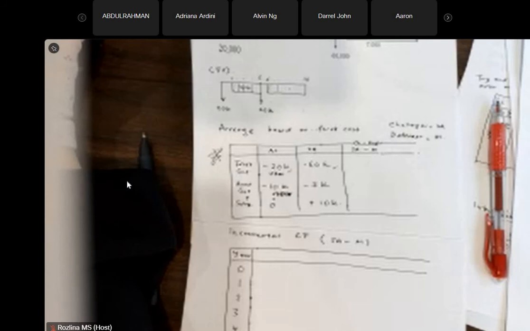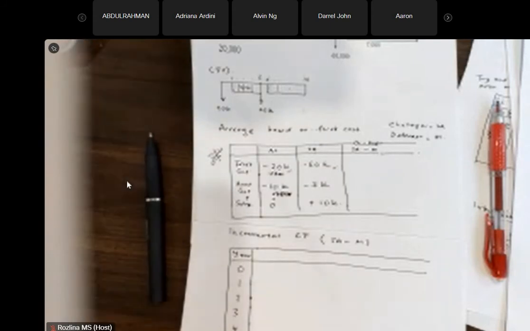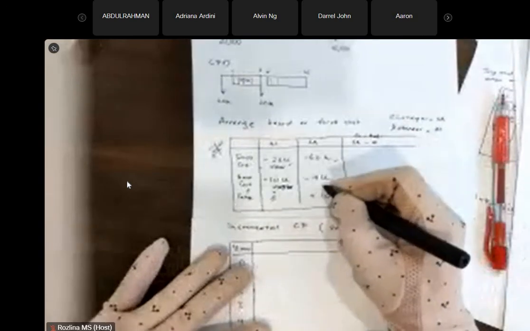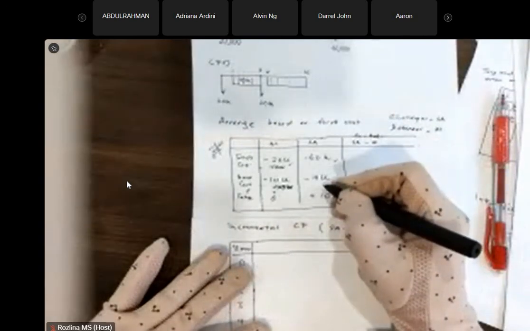Cost difference. Ini datang. Satu lagi ni. Year 5. Year 5. Oh, betul lah. Yang ni dia tak boleh pakai. Yang ni dia ada masalah sikit.